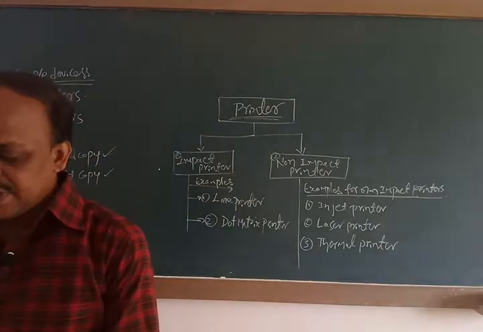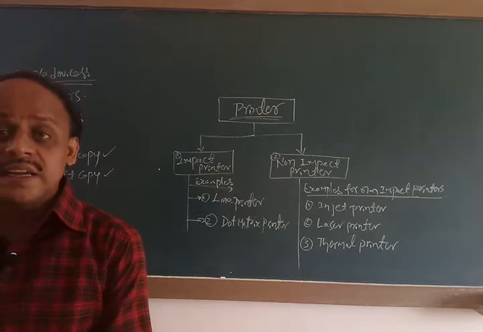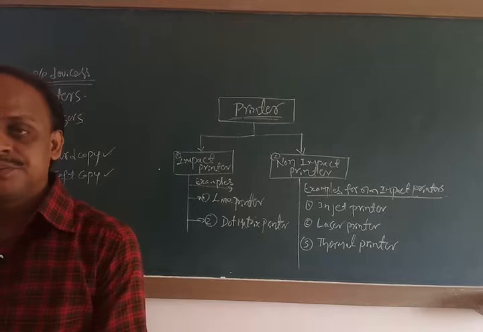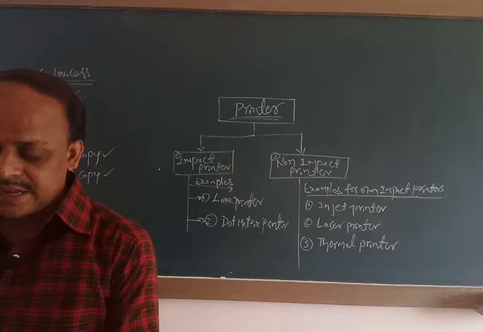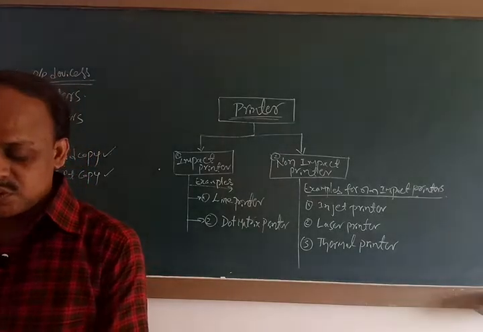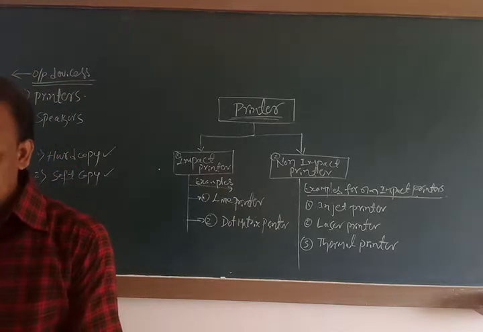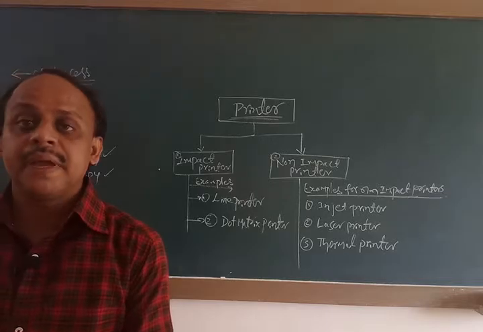So what is an impact printer? An impact printer is one that prints by striking or hitting a device against an inked ribbon. Impact printers use a print head containing a number of metal pins which strike an inked ribbon placed between the print head and the paper.